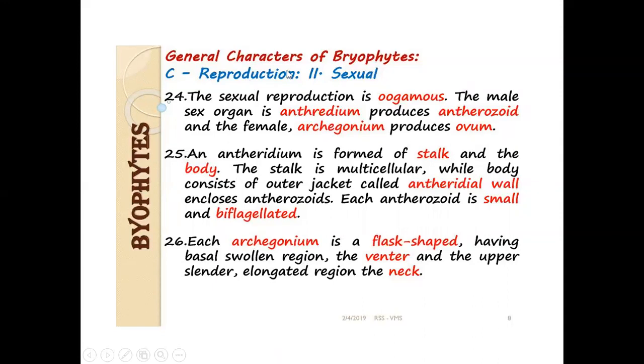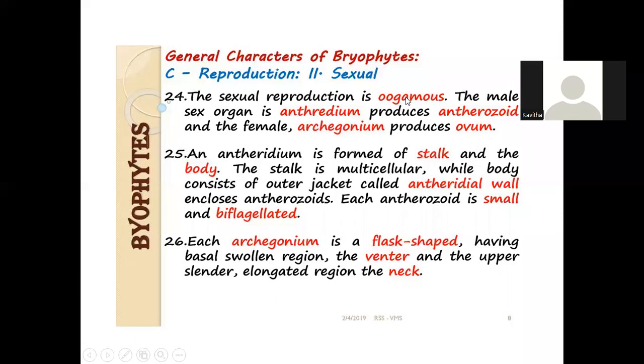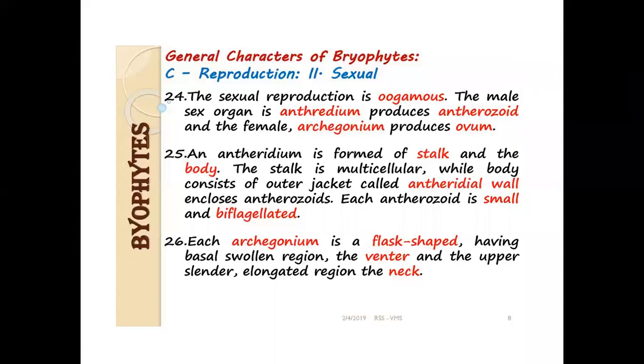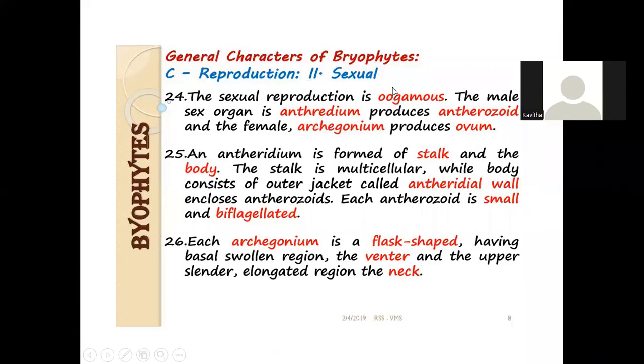Now when we go for sexual reproduction, I told you that the plant body is considered a gametophyte. Why do we call the thallus a gametophyte? Because on the thallus we see the development of sexual organs, which are clearly visible on the thallus.